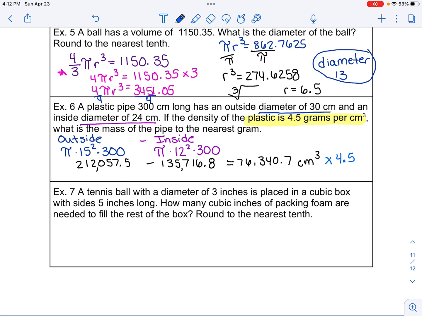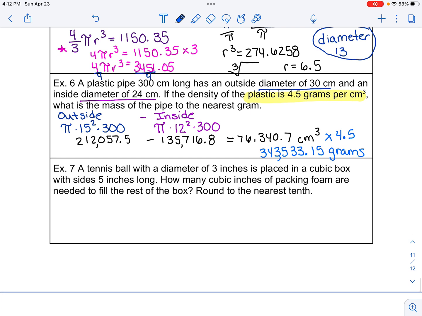And our final answer is a really large number, 343,533.15 grams. All right, last one.